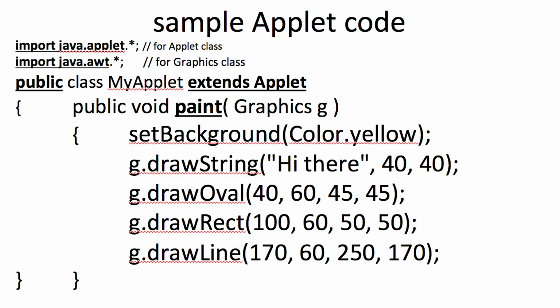Accordingly it will display the rectangle. Now the last one is drawLine. From the 170, 60 coordinate to the 250, 170 coordinate, we are drawing the line. So you can see the output of these statements. We also mentioned here the fifth statement, setBackground yellow. So these are the 5 statements.